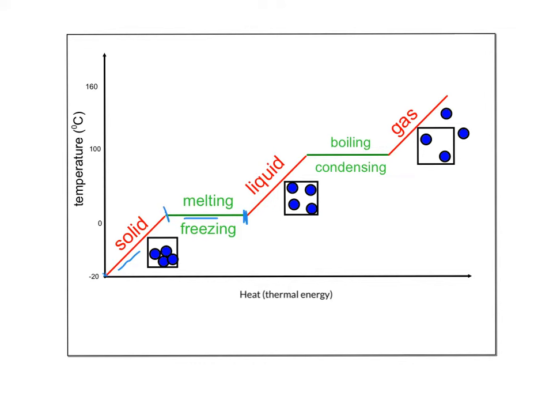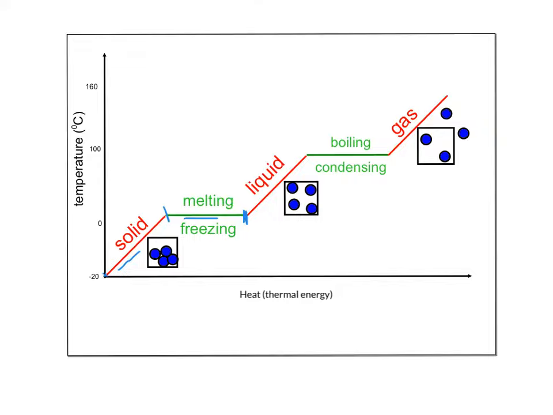So if you're ever in charge of putting a cooler together, you know that the temperature of the water in the cooler is going to be 0 degrees as long as there's still some ice in there. Does it have to be all solid ice? No, but it's going to stay at 0 until the last ice cube melts, and then when it's all liquid, that's when it starts to become warmer water.